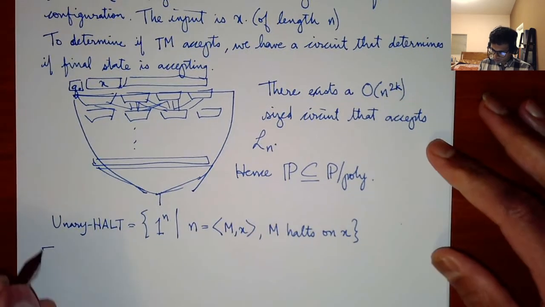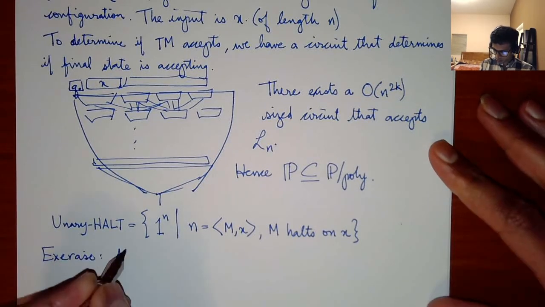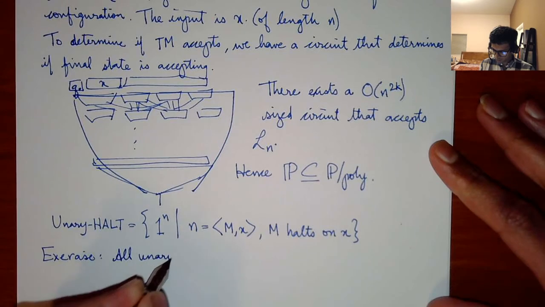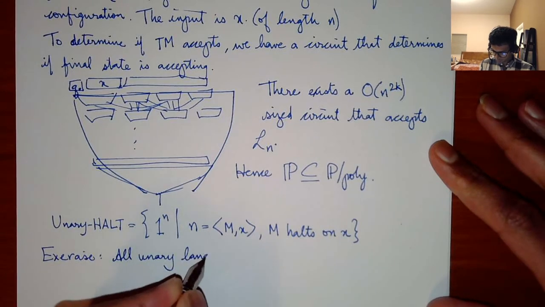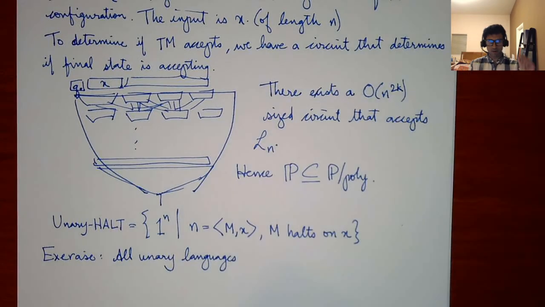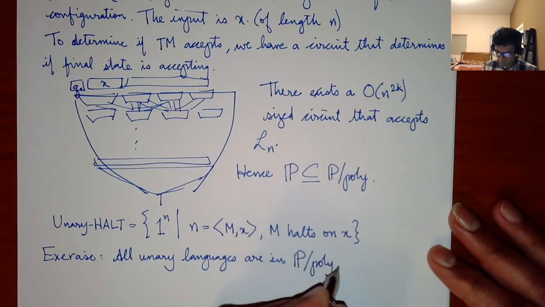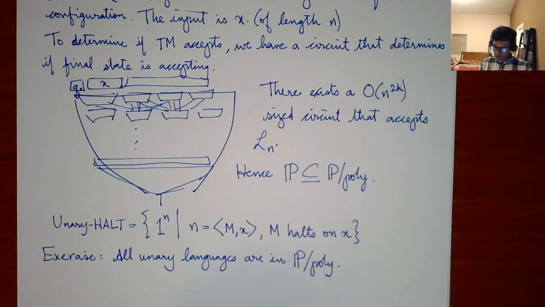And a simple exercise is that all unary languages are in P/poly. By unary I mean it is of the form 1 to the n for various values of n. It's quite trivial, because for every n, it's kind of hard coded whether it's in the language or not.